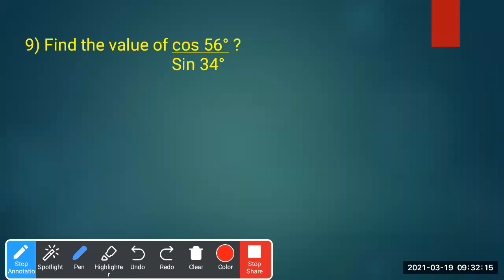As I told you, you have to focus on the numerator. The numerator is cos 56 degree. So here we are going to apply the definition, that is cos theta is equal to sin 90 minus theta. You have to write the reason: we know that cos theta is equal to sin 90 minus theta. After writing this, substitute. The theta over here is 56 degree.